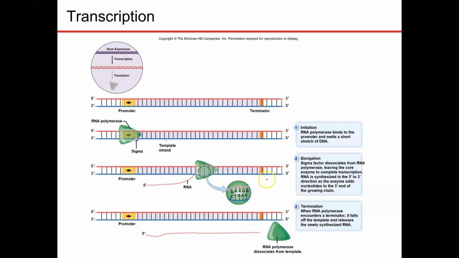It'll move until it hits a terminator sequence. At the terminator sequence, the RNA polymerase will dissociate, the DNA will wind back up, and the RNA molecule that was produced can then be translated or can be modified depending on what needs have to occur.